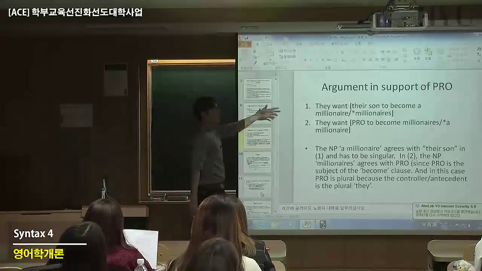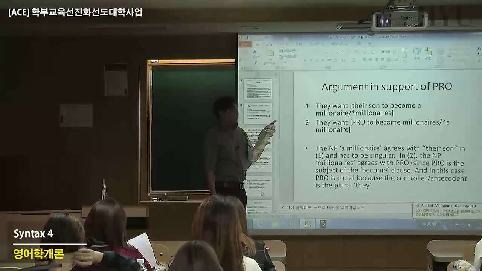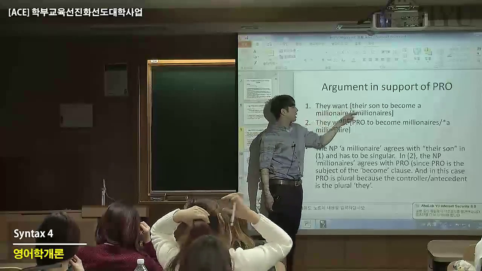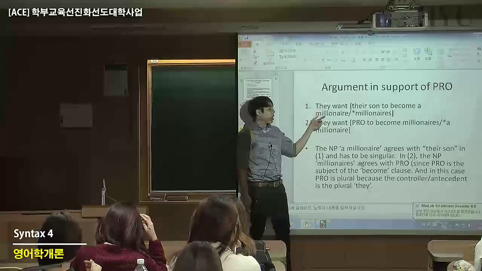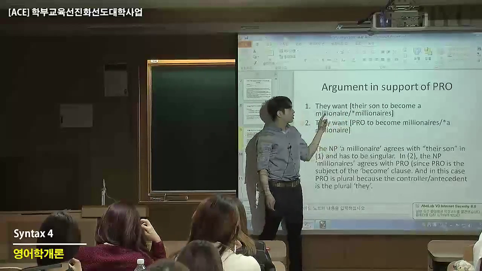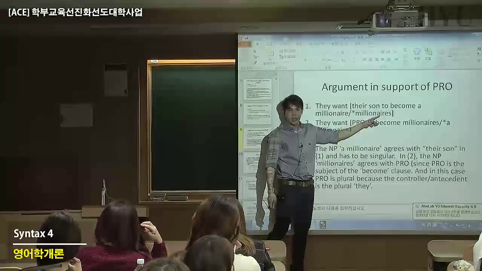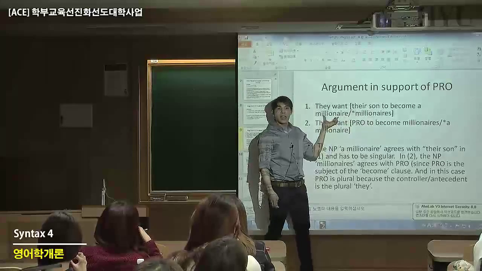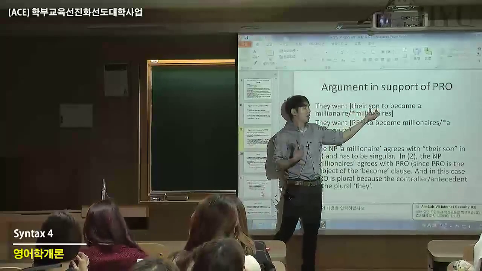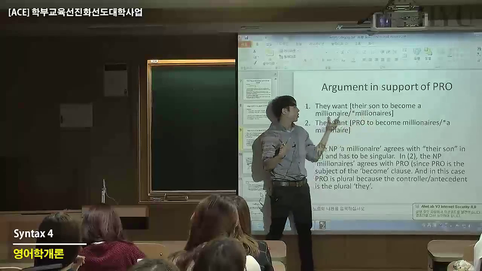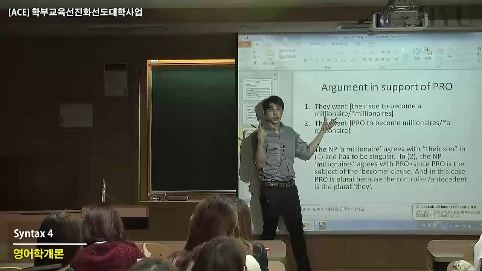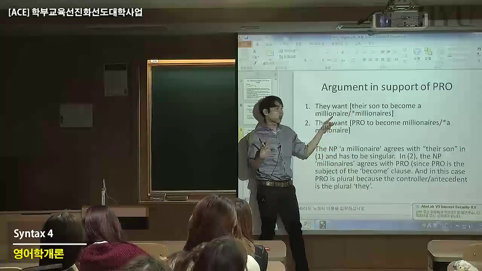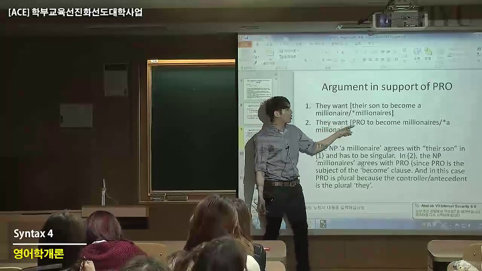And then another argument in support of the existence of pro is if you look at these two examples: they want their son to become a millionaire. That's good. But you cannot say they want their son to become millionaires. You cannot have the S here. So this means that the word millionaire has to agree with the number of son. Son is singular, so millionaire has to be singular too. So son is the subject of millionaire here. In the second one, they want to become millionaires.